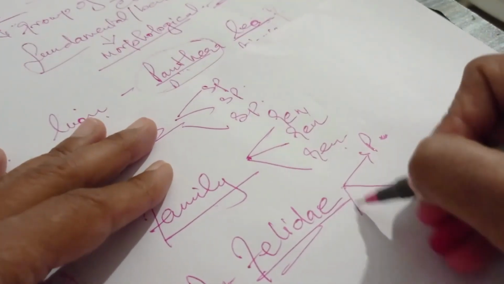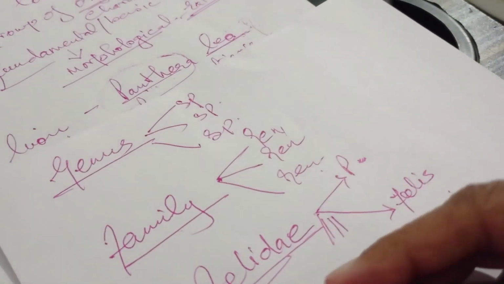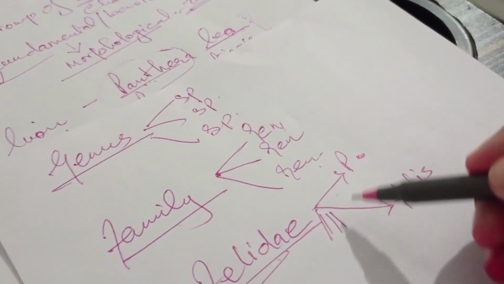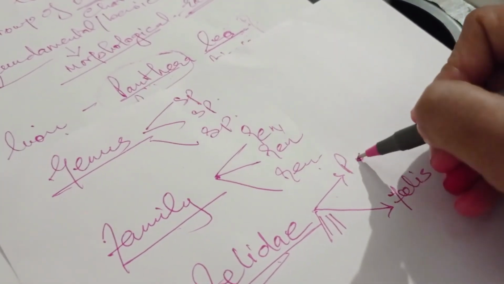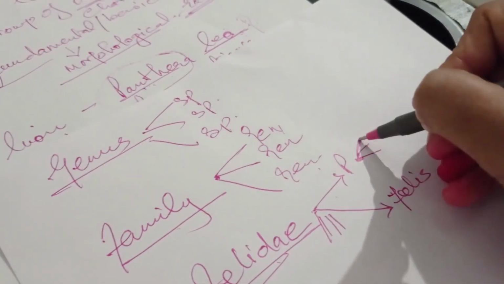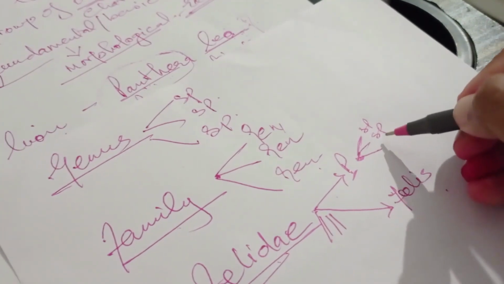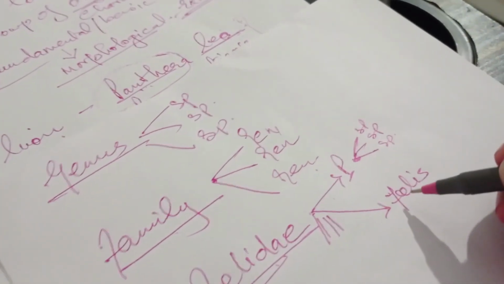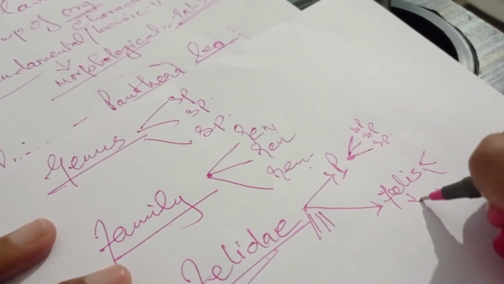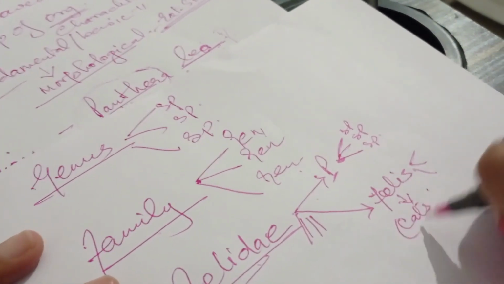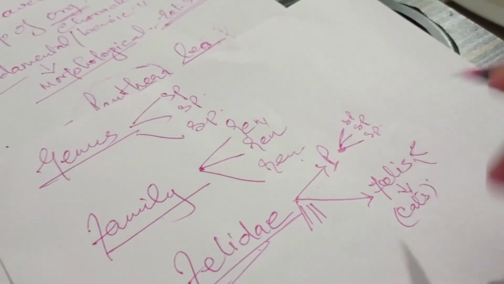To make you understand, I am writing only two. Family Felidae includes many genera, of which one is Panthera, one is Felis. Panthera, as I told you, has many species such as leo, pardus, tigris, and many more. Similarly, Felis has many species. Felis includes cats, and there are different kinds of cats, so there are different species of cats.